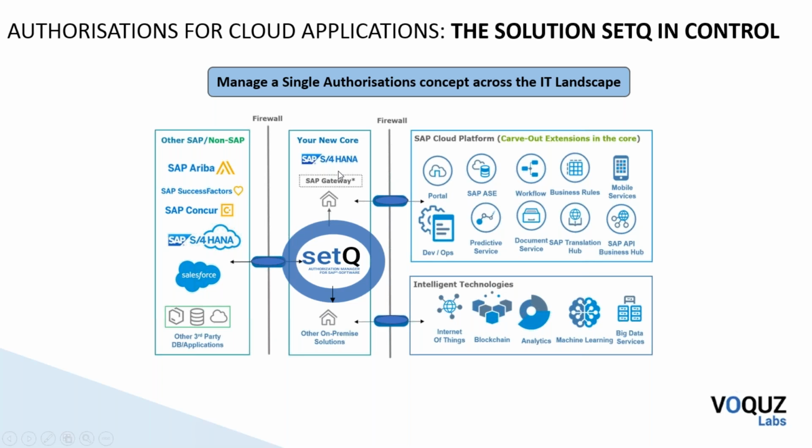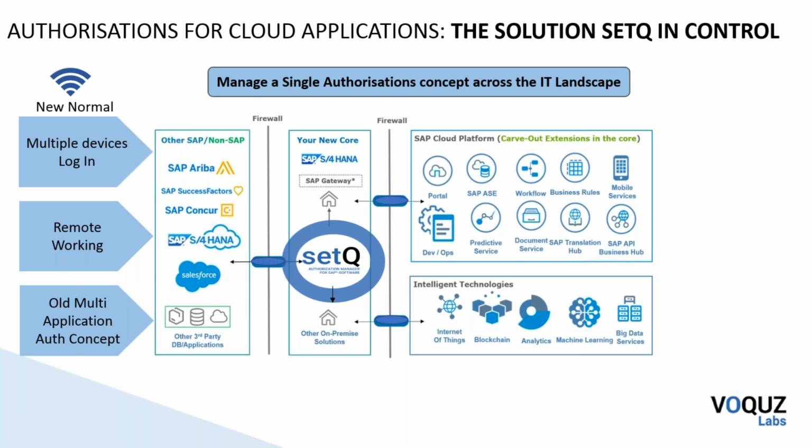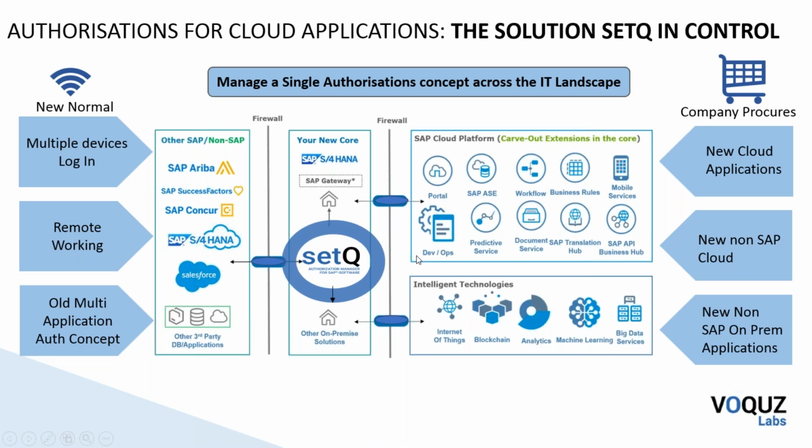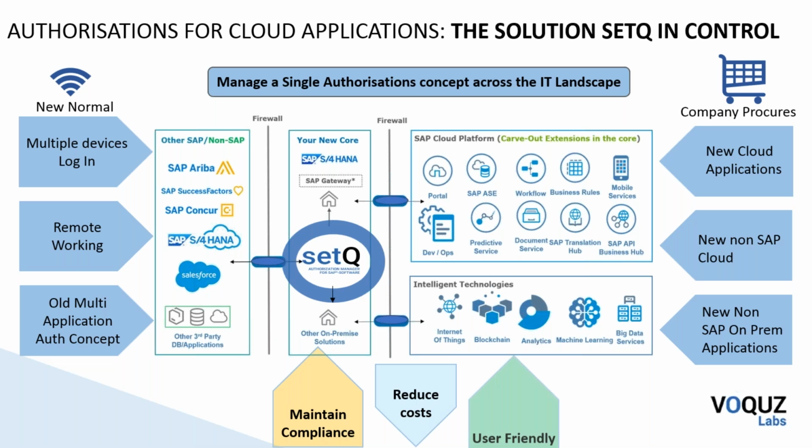You can connect into your S/4HANA, you can connect into different intelligent technologies, etc., and manage it all from a new normal perspective. So multiple logon devices are covered, remote working is covered, and we do away with an old multi-application authorization concept. We go to a single authorization concept. The company can still go through the different procurement processes in this case, and really what we focus on is, again, maintaining compliance, reducing costs, and making it as user-friendly as possible. So that is really the approach that setQ has taken to make this a viable solution.